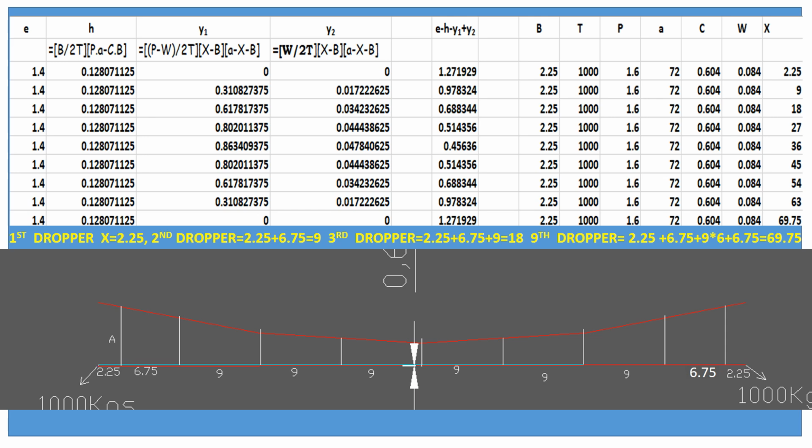Suppose one end is 1.4, another end is 900, so 1.4 minus 900 is 500. 500 divided by X. So in this portion it will reduce in this ratio, step by step per meter. Find out how much it will reduce and put the value.